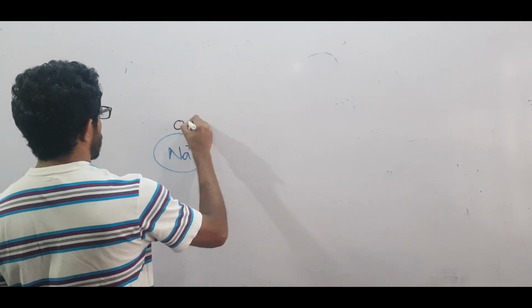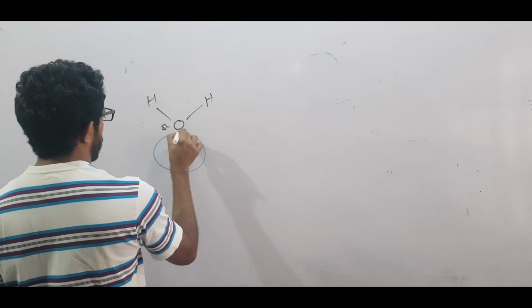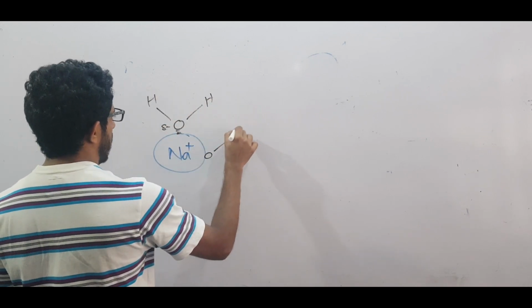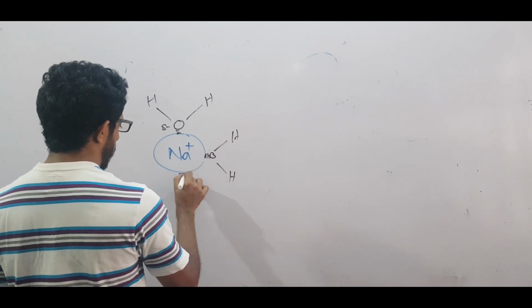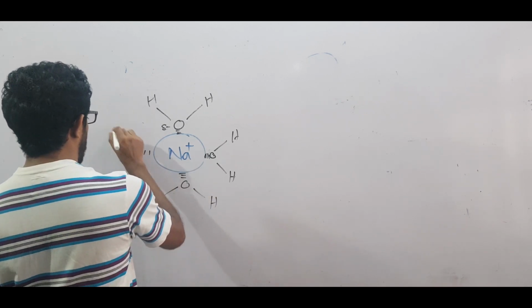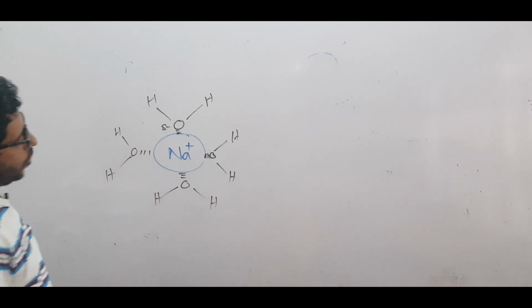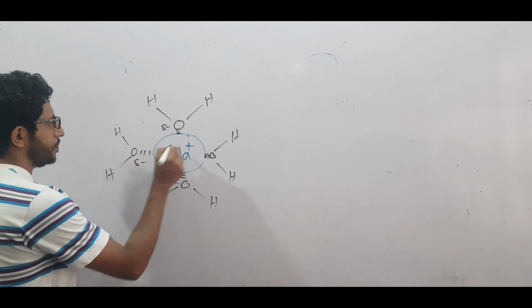In water, oxygen is the one which makes favorable attraction because it is delta negative. Normally they ask us to draw these, with arcs. You can draw it like this, drawing these 4 molecules. Sodium makes favorable attraction with the delta negative oxygen atom.